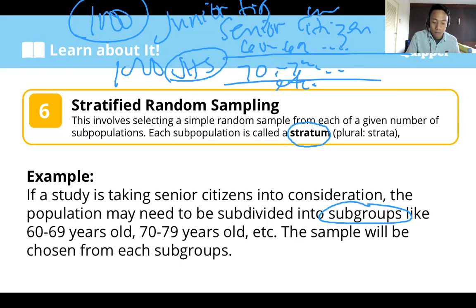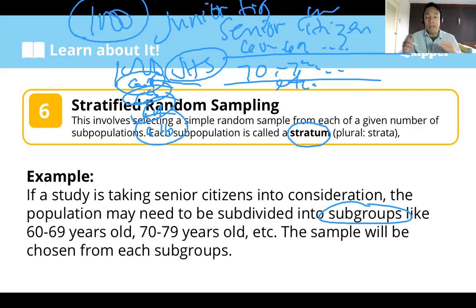So, nalagay mo grade 7, grade 8, grade 9, grade 10. So, after dividing your population into 4 groups or subgroups, just like grade 7 to grade 10, doon ka napipili ulit ng sample mo using simple random sampling.